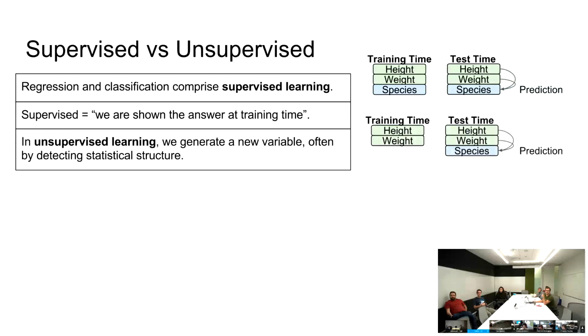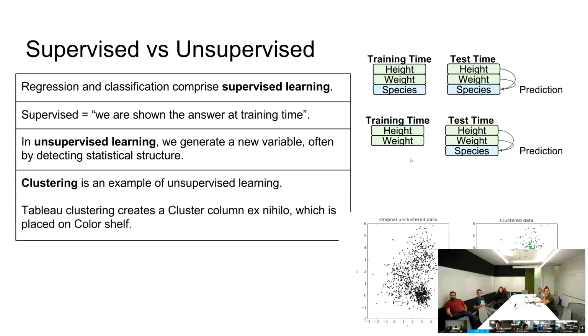So for example, this species column is not known at training time. It's created from scratch. And an example of unsupervised learning is clustering. So in Tableau, we cluster by creating a new column, ex nihilo, and place it on the color shelf. So there's a basic distinction: regression, classification, supervised, unsupervised.